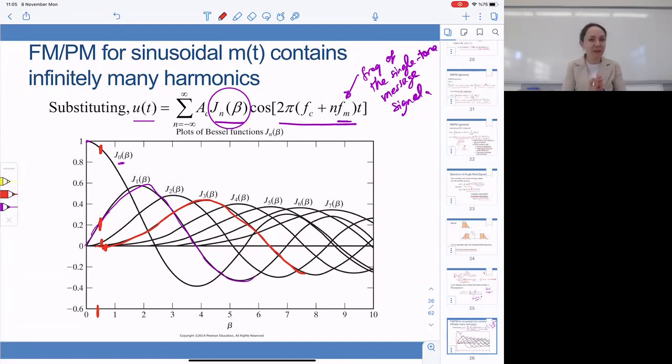It means that if our beta is small, the number of significant spectral components is going to be limited. In fact, the narrowband limit corresponds to beta around 0. And that means only J0 is non-zero in that case. Hence, we have only one spectral component. Hence, we get the conventional AM. Any questions?